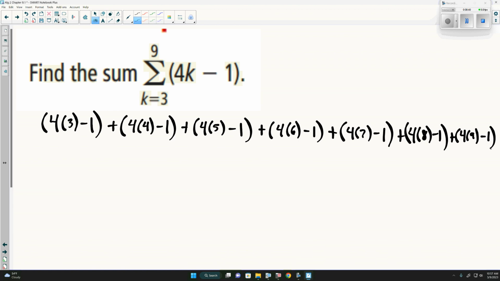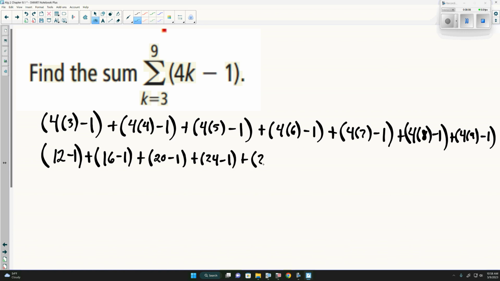And again, at this point, once we get it typed out, we can plug this into the calculator. Well, 4 times 3 is 12 minus 1. Then we have 16 minus 1 plus 20 minus 1 plus 24 minus 1 plus 28 minus 1 plus 32 minus 1 plus 36 minus 1.